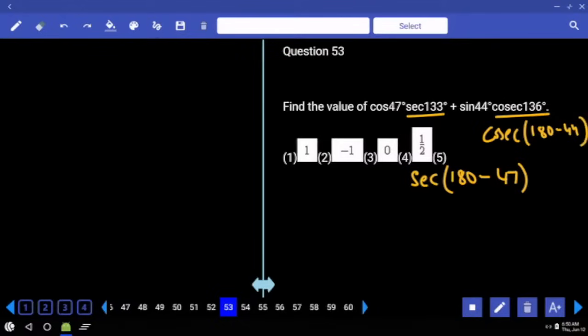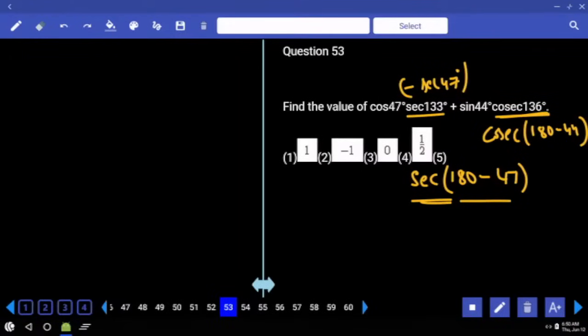Correct? 180 minus, which quadrant? Second quadrant. In the second quadrant, which values are positive? Only sine and cosecant. So secant should become negative, right? So this becomes minus secant 47 degrees.